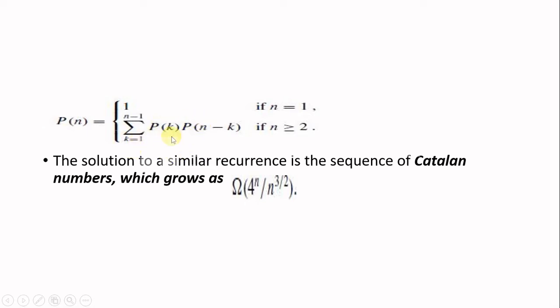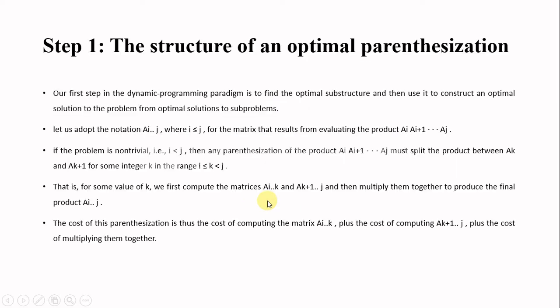This is a recursive equation, or a recurrence equation. The solution to this recurrence is very big, it is exponential: Omega of 4 power n divided by n power 3 by 2.